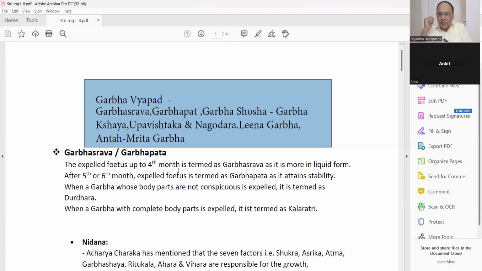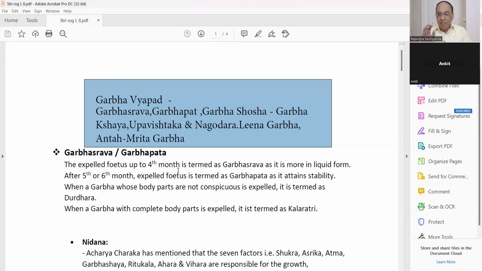Garbhopadrava Apasmara, epileptic fits. Then Garbhopadrava Pandu, anemia in pregnancy. Garbhopadrava Prameha. Please write down. Gestational diabetes mellitus, gestational DM.